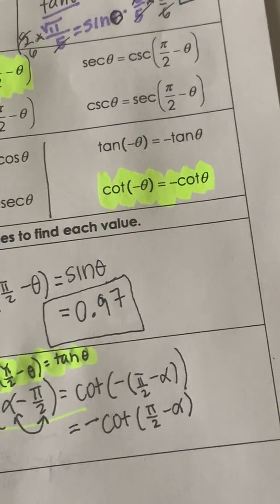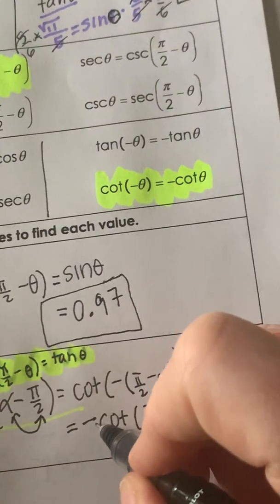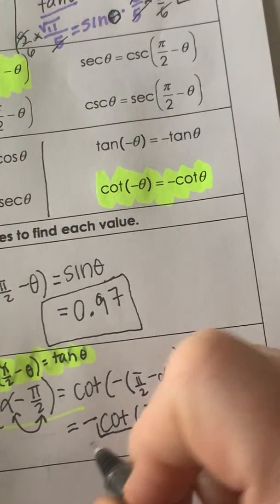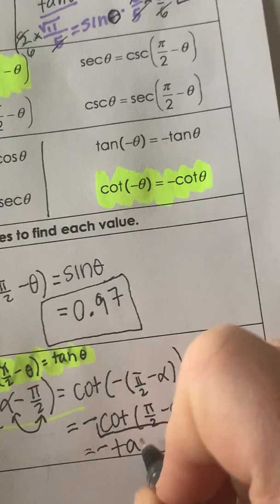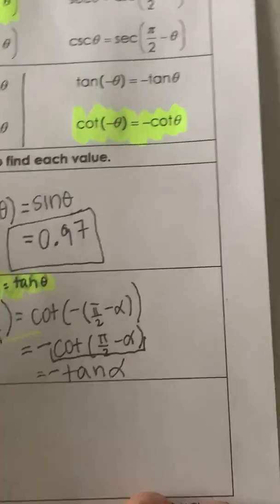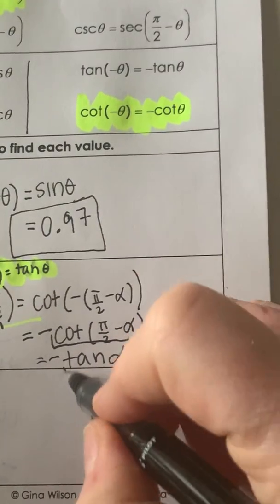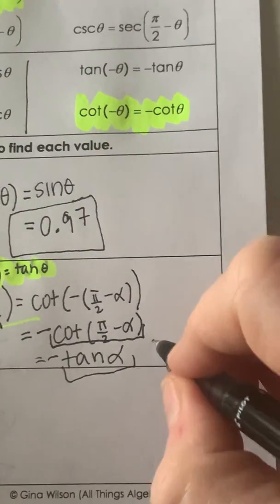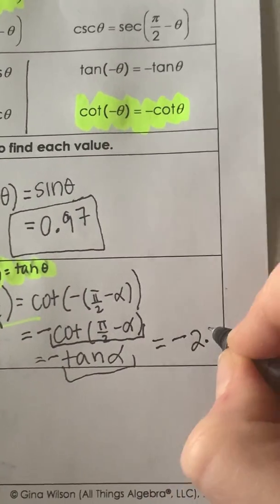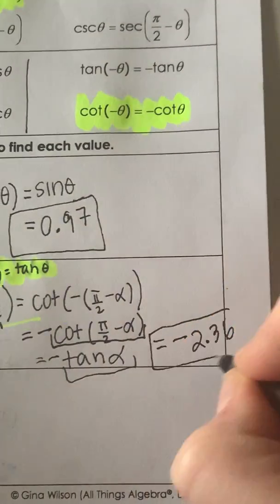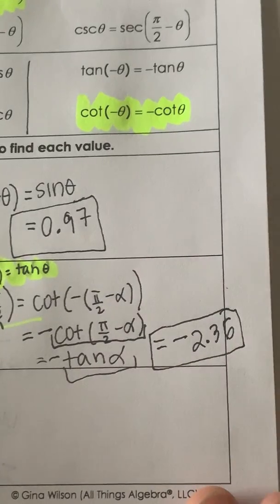Now I actually know what this is because that's tangent. So negative tan alpha, that's what we're equivalent to now, and I know tan alpha is 2.36. So that final answer there is negative 2.36.